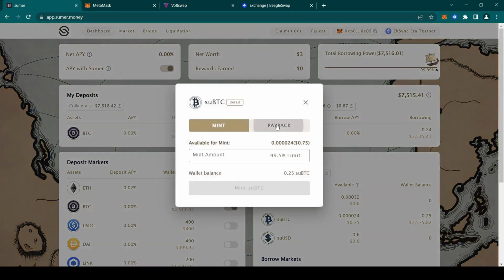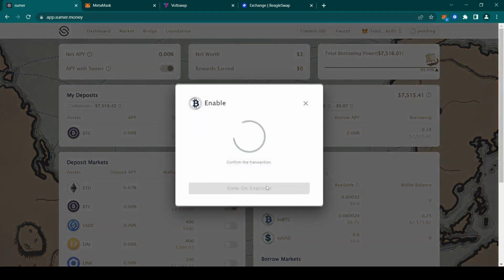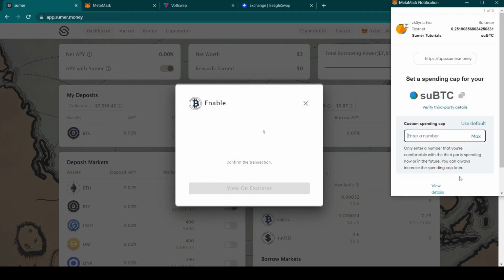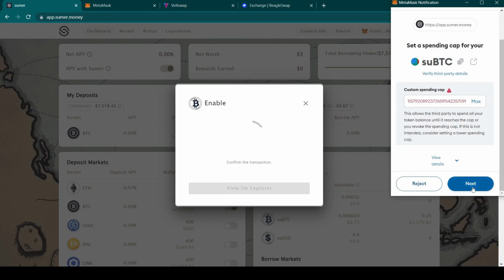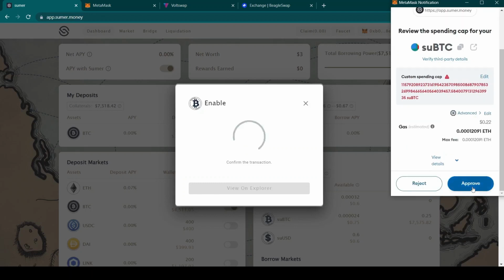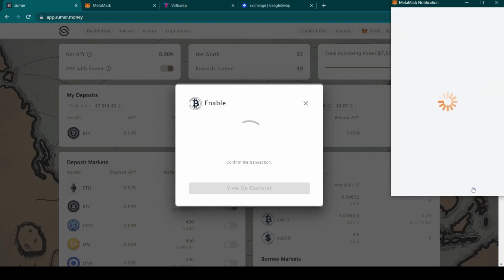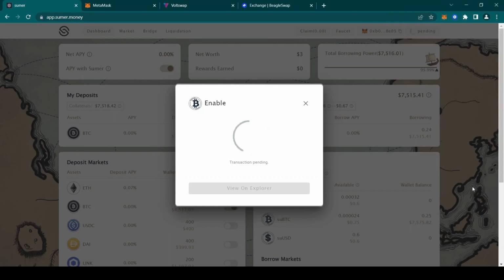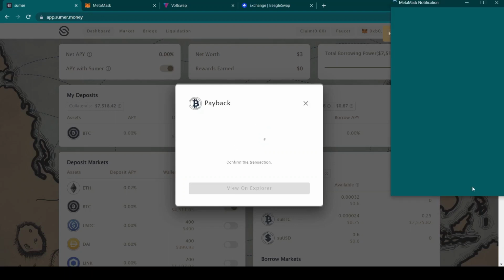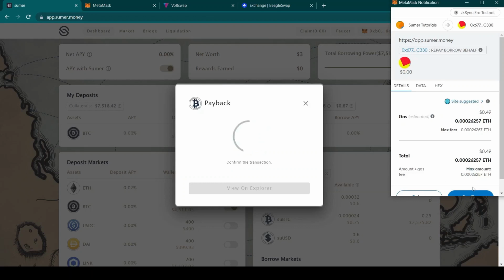We will redeem the SuBTC minted to pay back our liability. For the approval transaction, we will use the default spending cap. Confirmation on the second transaction will pay back the liability.